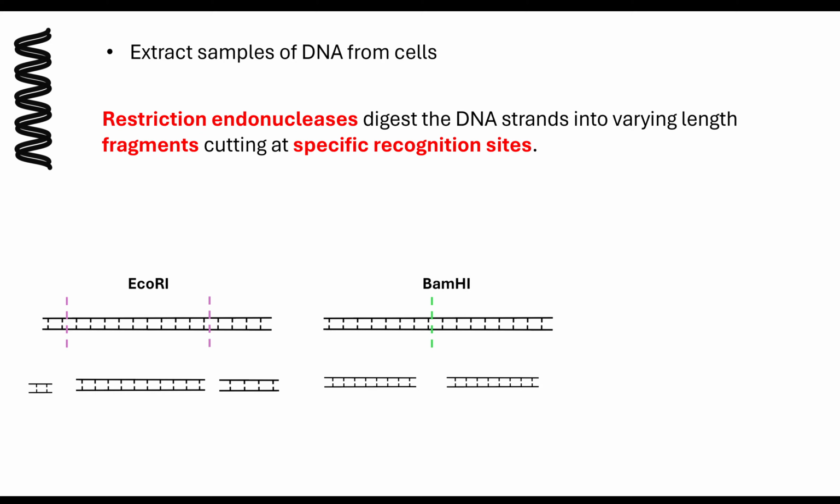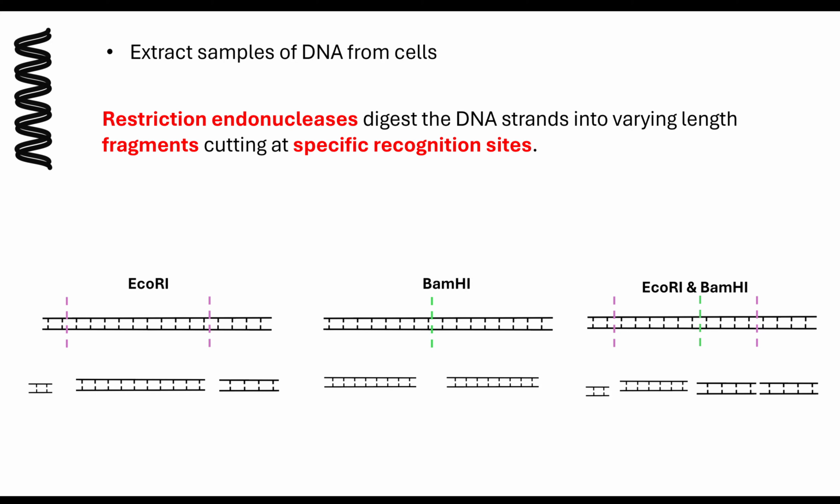If I'm looking at the same strand of DNA as my original strand, these 2 different restriction endonucleases are going to cut at different sites, therefore giving me different fragments. And if I were to put the 2 of them together, again, that would therefore result in me getting different fragments because they will cut at their specific recognition sites.